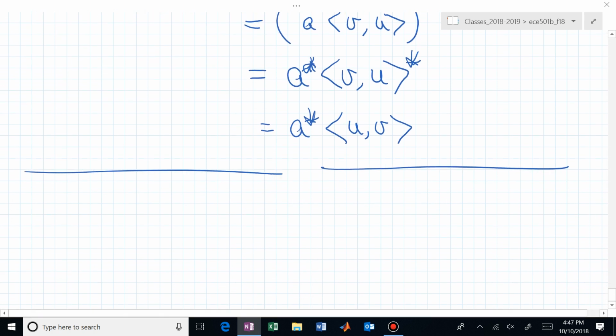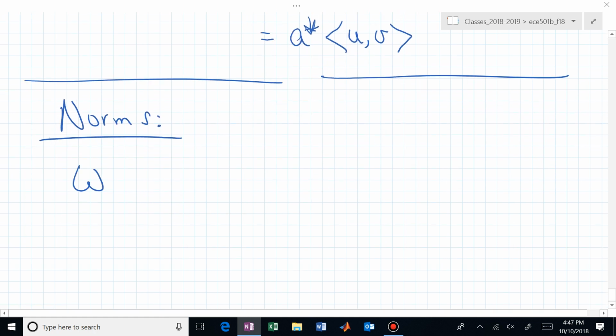What else can we do with these inner products? Well, now we can talk about norms. We've defined norms before, but let's look at them now from the lens of inner products.